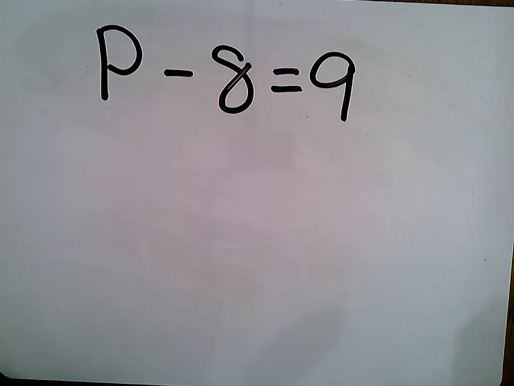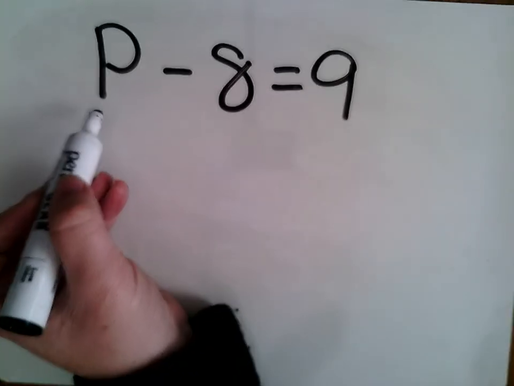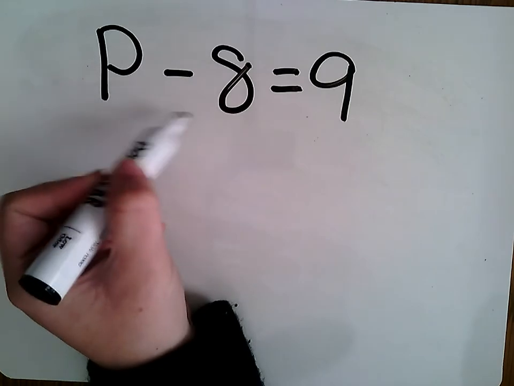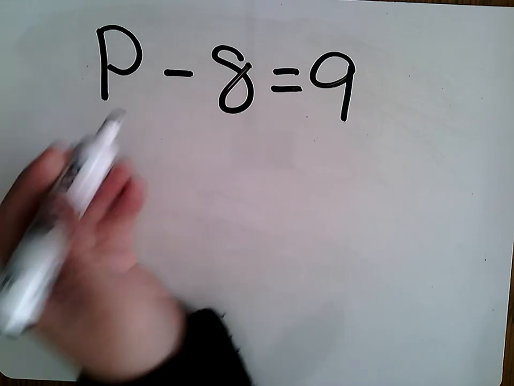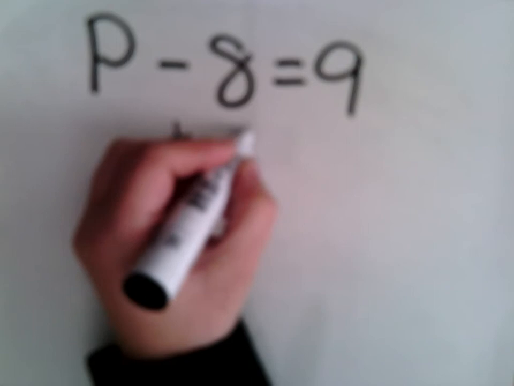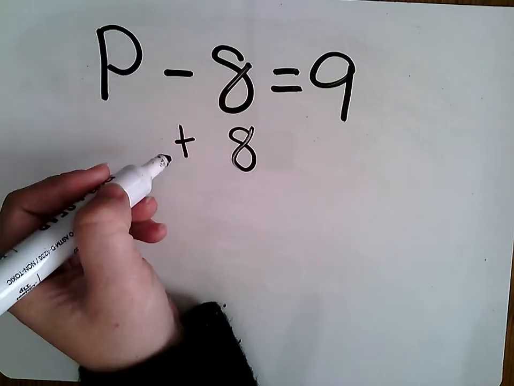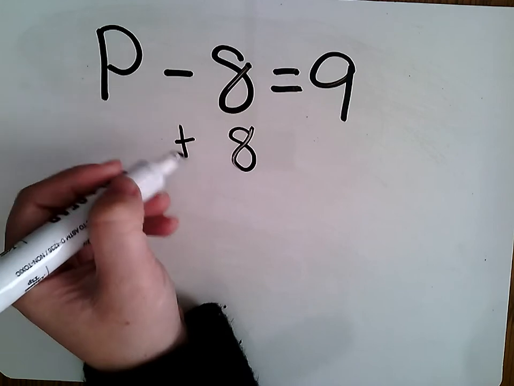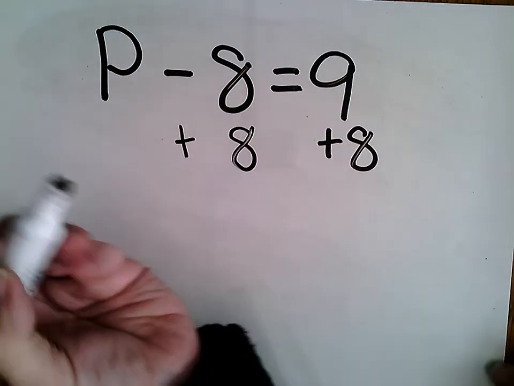Or if we want to show our work, which we always do, then I would need to get P by itself over here. So I want to get rid of the 8 from this side. So I'm going to do the opposite. If this is subtraction, I'm going to add the 8 back in. I think of this as like a negative 8, and a negative plus a positive, 8 and 8, they're going to cancel each other out. So I'm going to add my 8 over here.